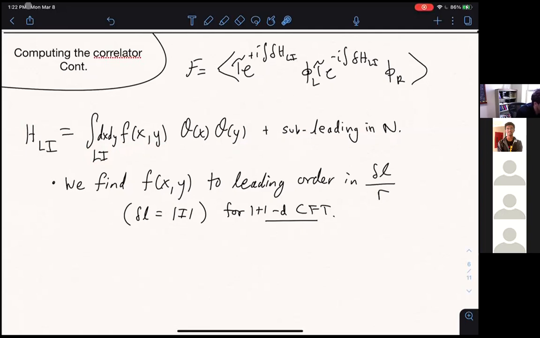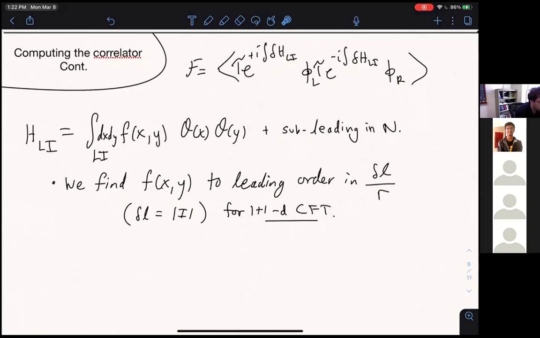I'm going to call delta L the size of I, and 1 over R the distance between L and I. We can actually compute this function to leading order. This function has been computed for free fermion theories in 2 dimensions by various other people. So it's computable in various regimes, but the basic idea is that you should think of this as a bilocal operator.